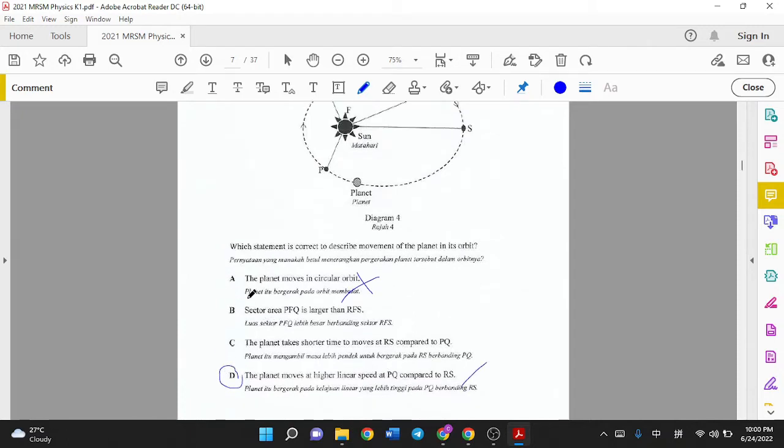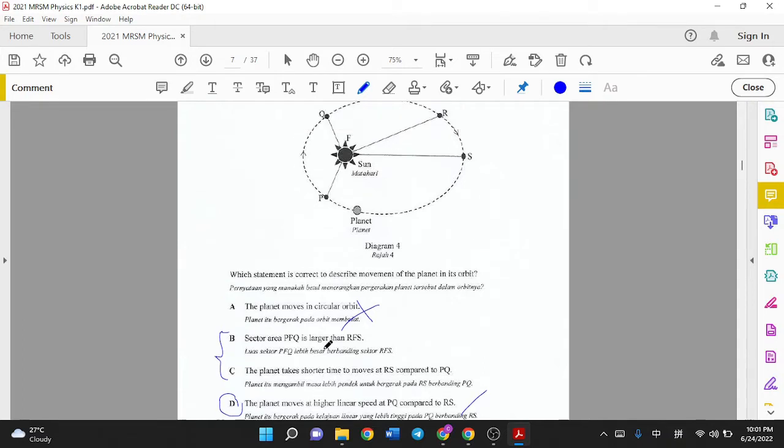Options B and C are somewhat ambiguous, so let us look at what Kepler's second law states. It states that a line that connects a planet to the Sun sweeps out equal area in equal time.